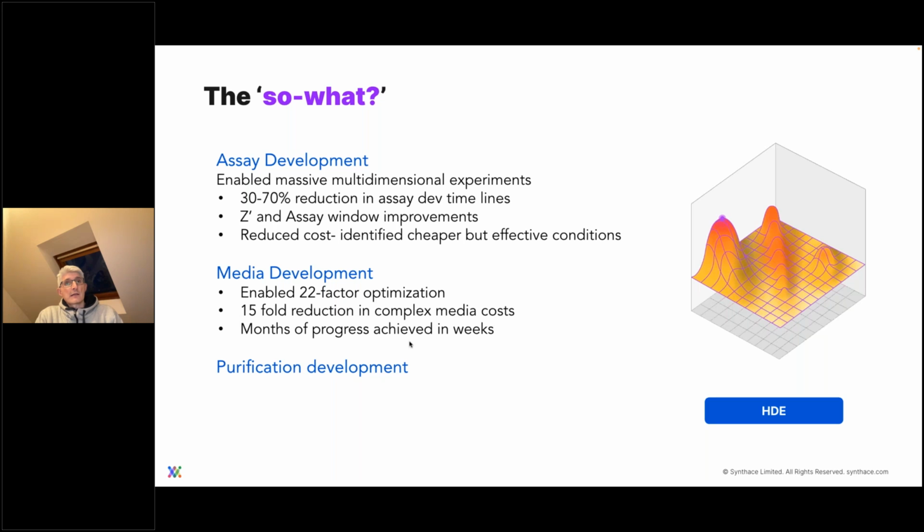And then finally, something I'd like to call out is on the purification development side of things. We have a partnership with Tecan and Repligen, and they make this system called RoboColumns, which is a miniaturized purification system. So it's for high throughput purification development.